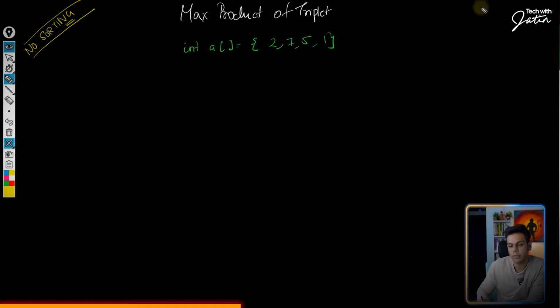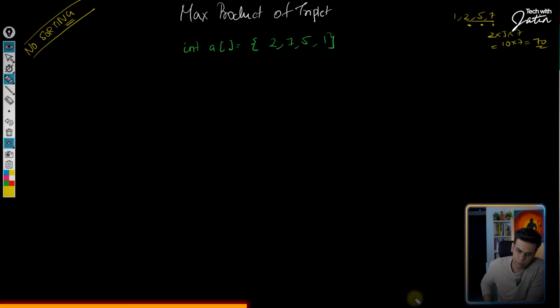If I would have sorted this array, 1, 2, 5, 7, the last three numbers are the biggest numbers over here: largest, second largest, and third largest. So 2 into 5 into 7, which is 10 into 7, which is 70. This is the maximum product that we have.